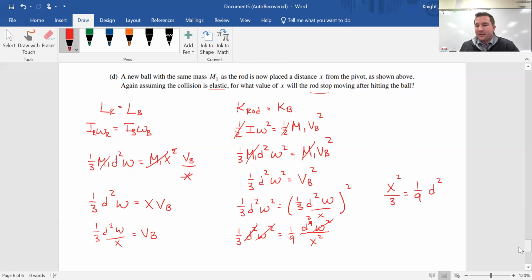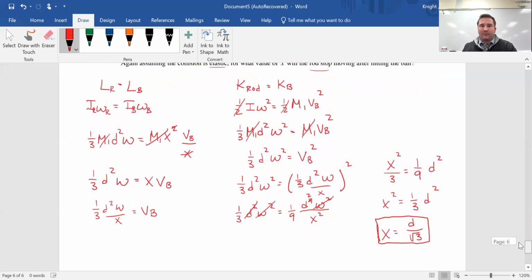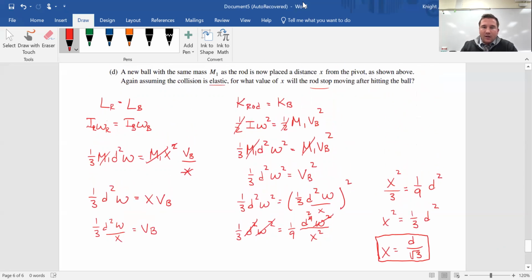We multiply the 3 up, X squared equals 3 over 9, which is just a third, D squared, and we take the square root, and X is going to be equal to D over root 3. There's our relationship there. All right. So that is the end of problem number 3. Excellent work.